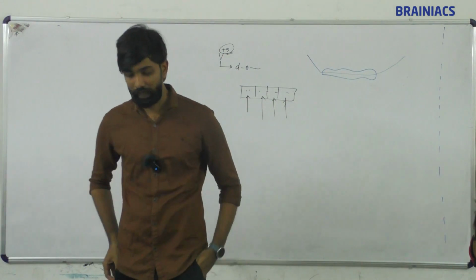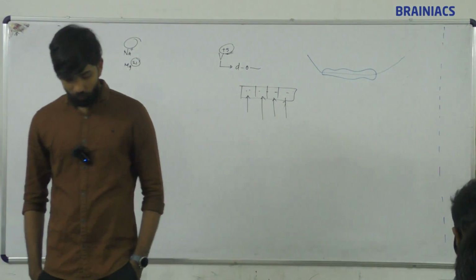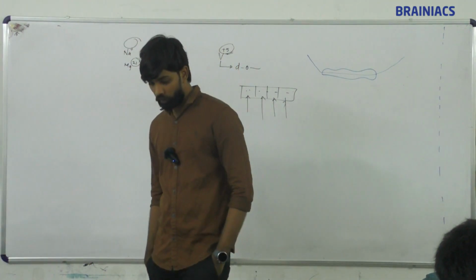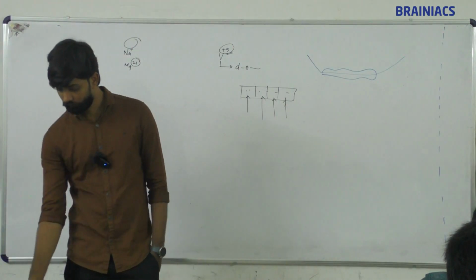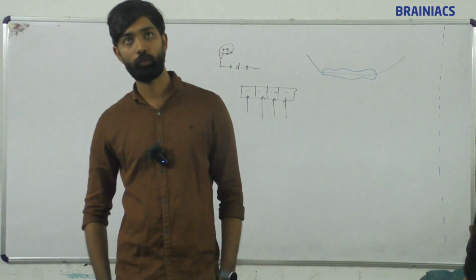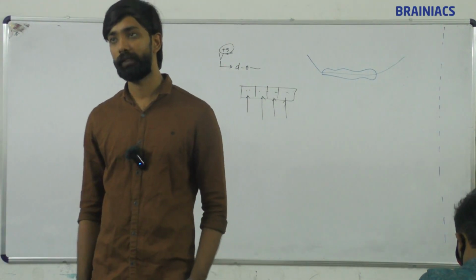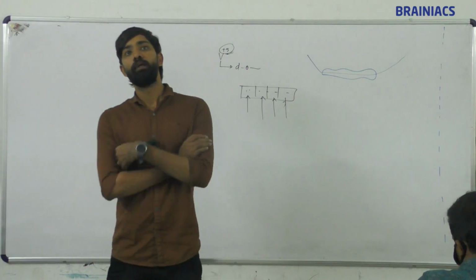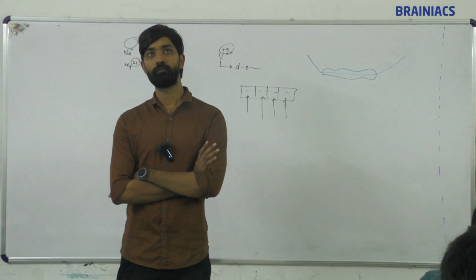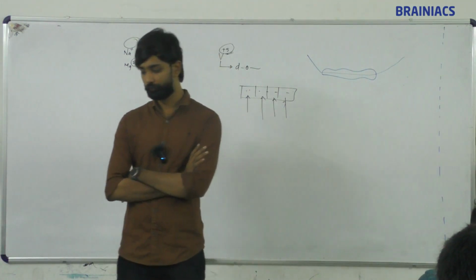So for alloy formation, first point: alloy is a homogeneous mixture of two or more metals. Next point: transition metals can form alloys.